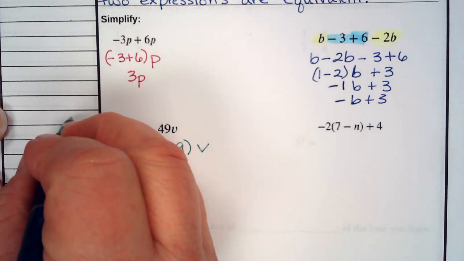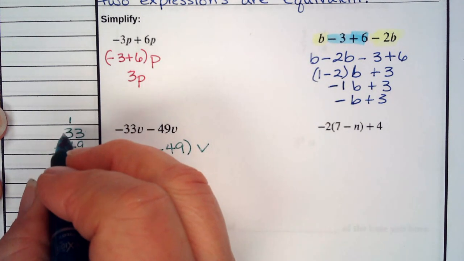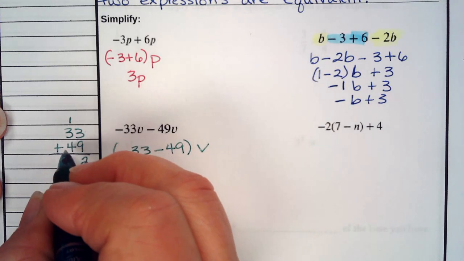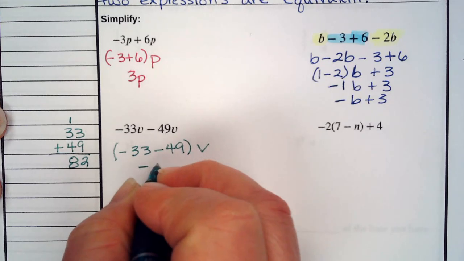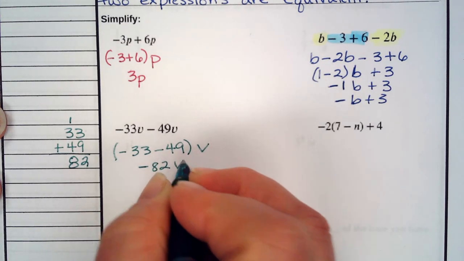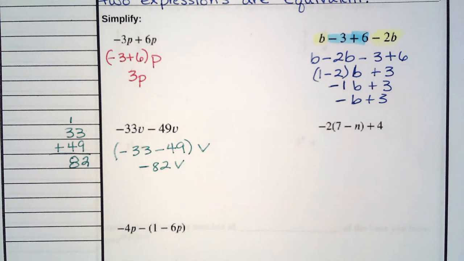Put down the 2, carry the 1. 1 plus 3 is 4. 4 plus 4 is 8. This is -82v, and we're done. If they're the same sign, you add them together. If they're opposite signs, you find their difference and keep the symbol from the number that is the bigger number.